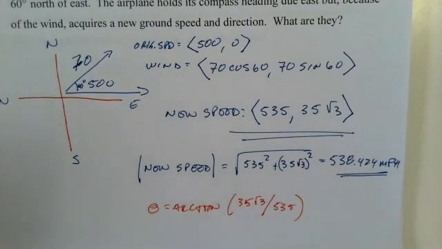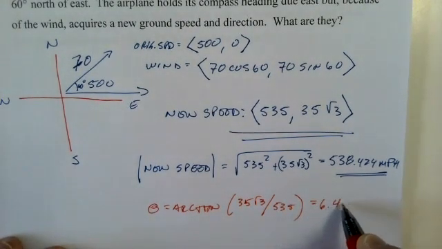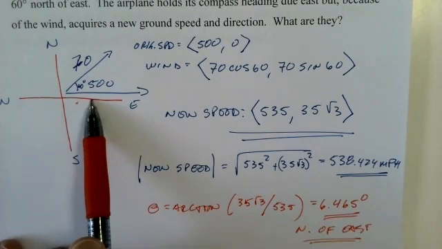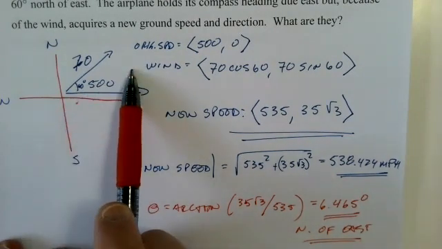Inverse tangent of 35 root 3 divided by 535 is 6.465 degrees, and that would be north of east. You can see if you look here, it's getting knocked around. Its new path is like that.